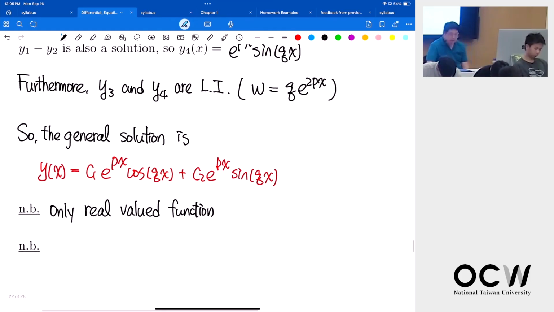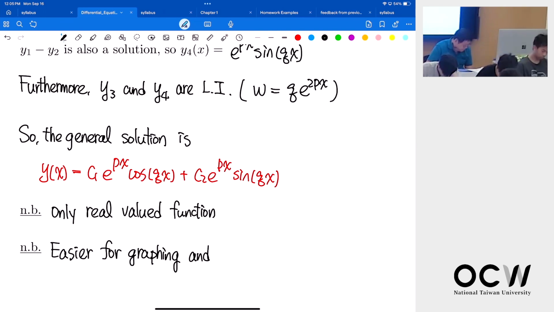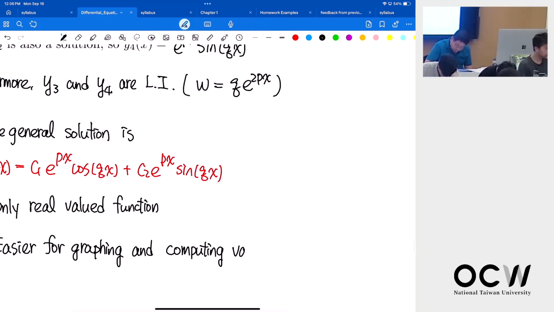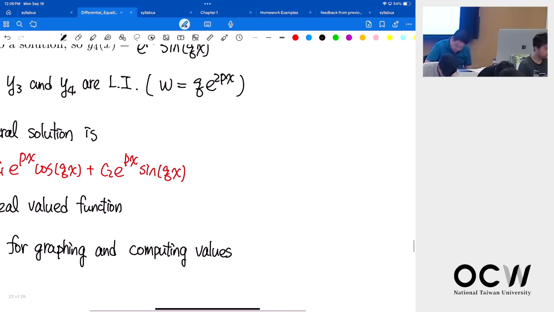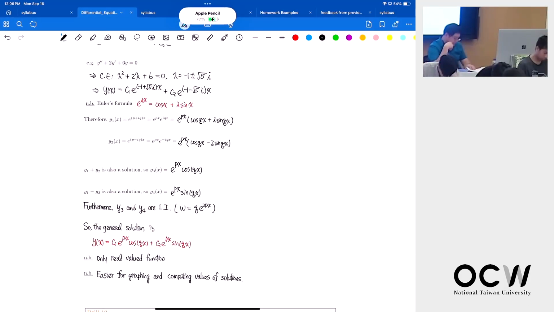And since we have real valued functions rather than complex numbers inside, it is easier for graphing and computing the values of the solution. Okay. Any questions?